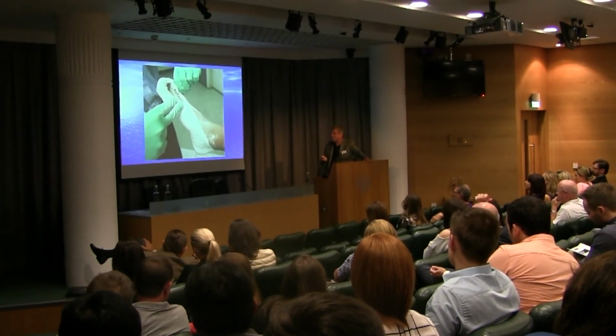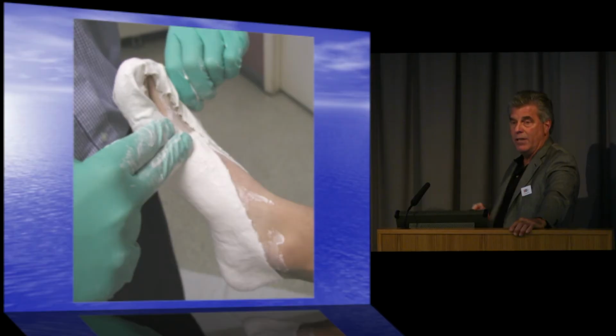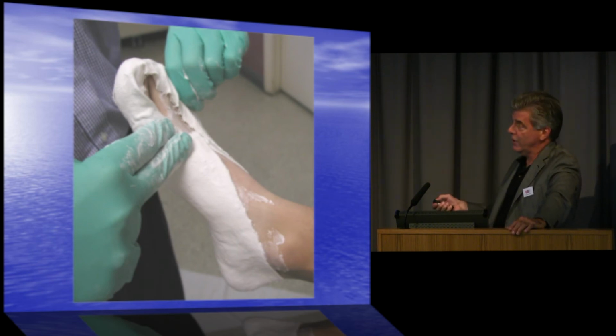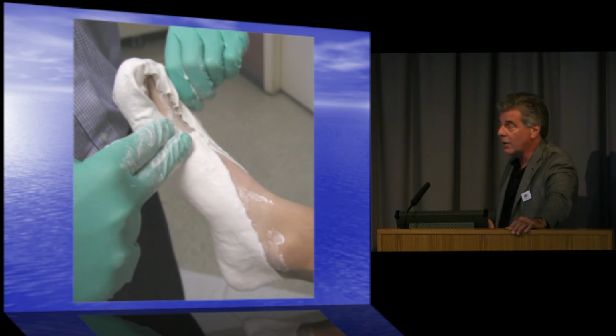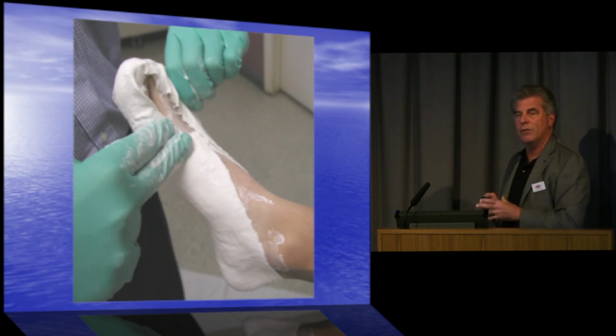Now, the first ray will not come down unless it needs to. That's my observation. If you do this on a cavus foot, the first ray doesn't go anywhere when you push down because it's already down. But if you do this on an adult-acquired flat foot, it drops down about 4 centimeters because it's way up and it needs to come down. So we twist the plate, and the plate will twist when it needs to.